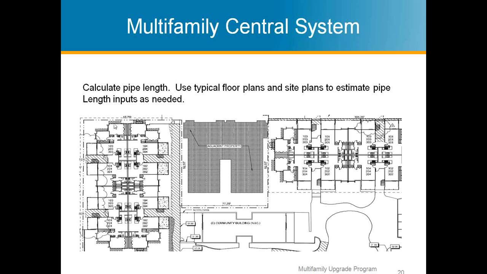You want to do the same calculation over here. Take the length of the building, take how many floors that building has, and then the height of the building or wherever the domestic hot water is located, if it's got to go all the way around the building.